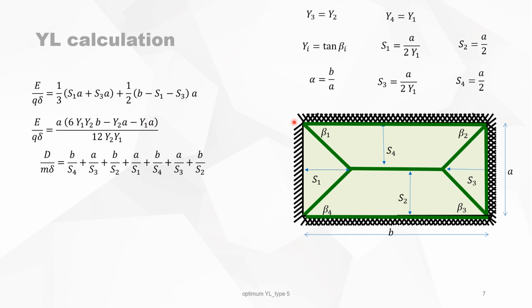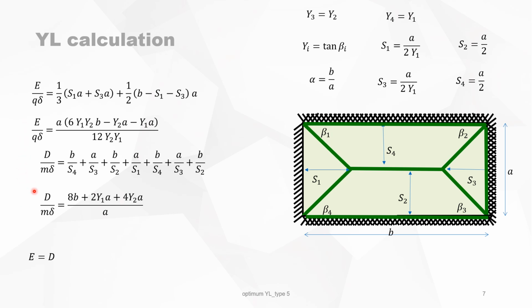On the other side, A divided by S1. And then what is left is B divided by S4 for this yield line, A divided by S3 for this yield line, and B divided by S2 for this yield line. Substituting the variables, we obtain this equation.